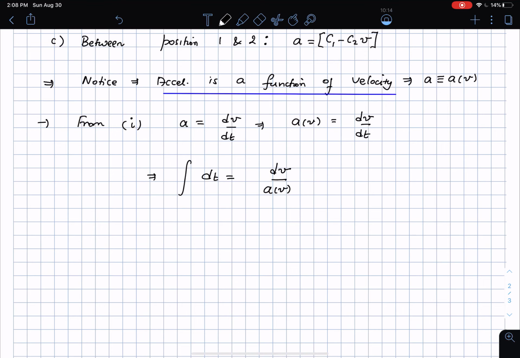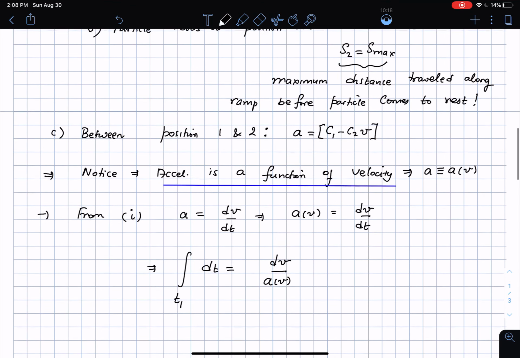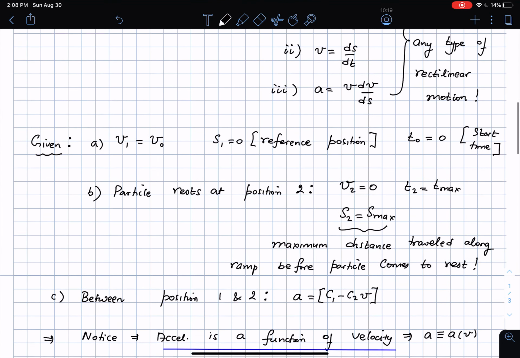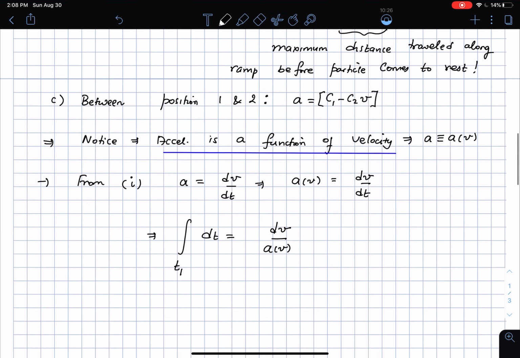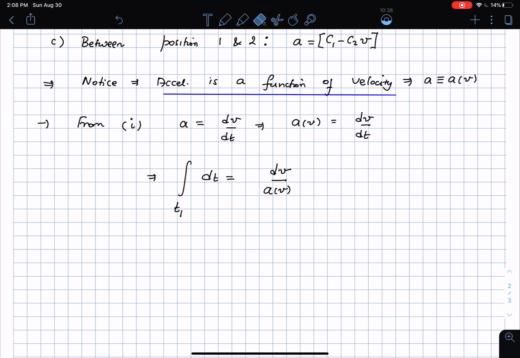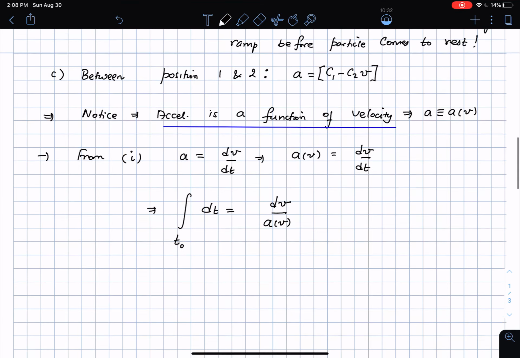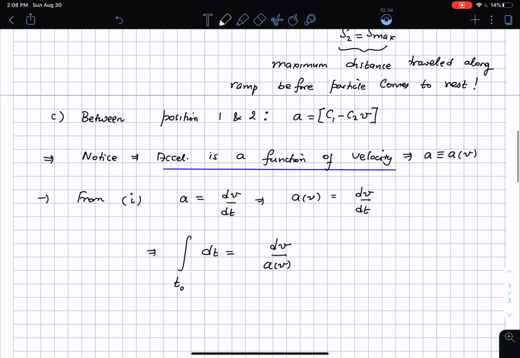I can integrate this from some time t1, which is the same as t naught, the time at location 1. Let's call this t naught, just to be consistent. Then at time t2 I'm going to call that time t max, the time taken to go from position 1 to position 2.